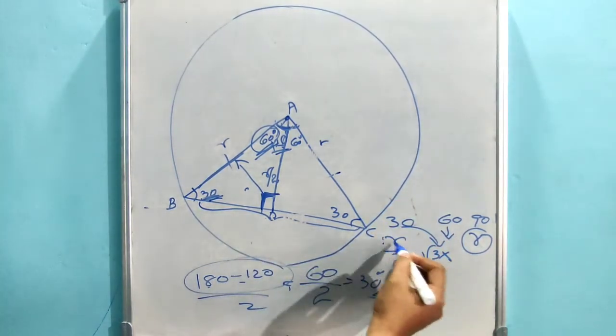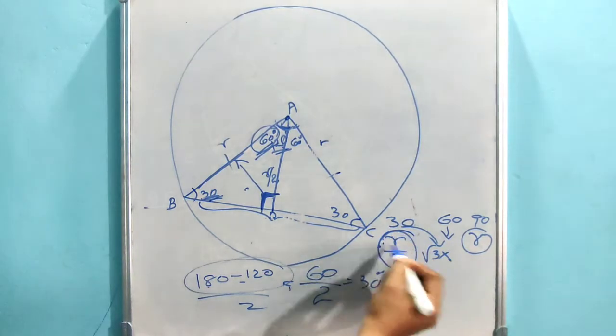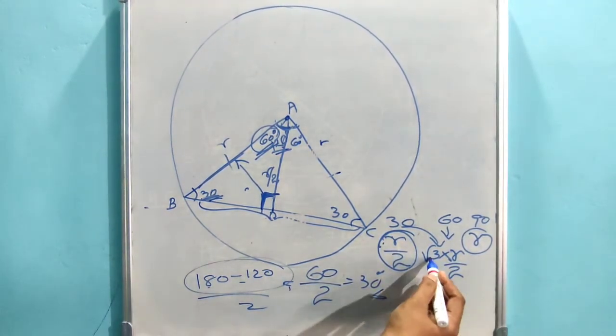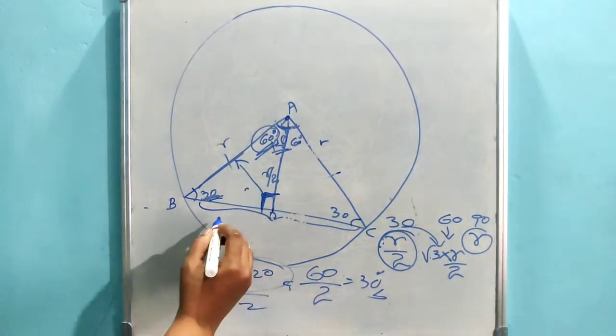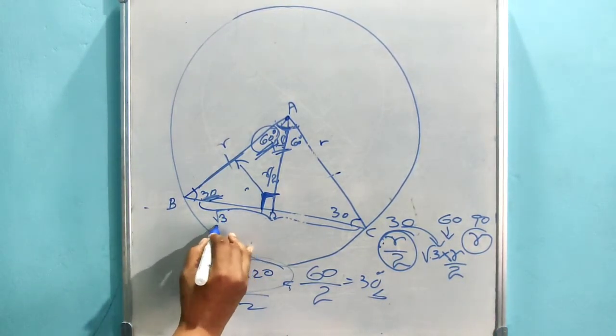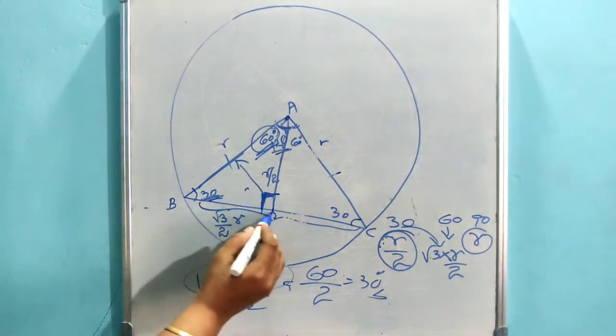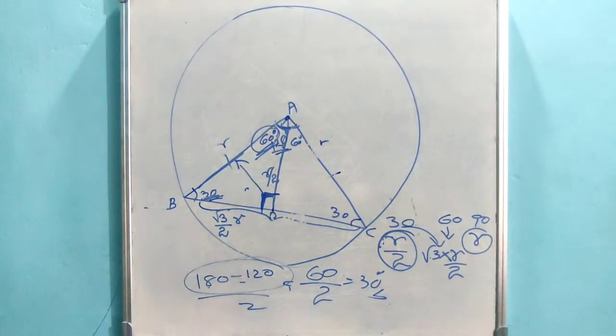So root 3 into R by 2 gives root 3 R by 2. That is, this length is equal to root 3 by 2 R.